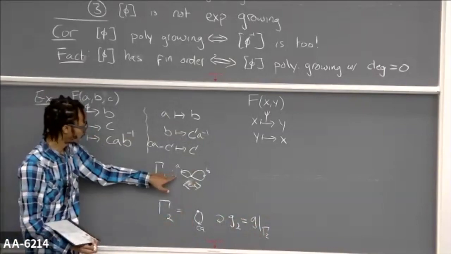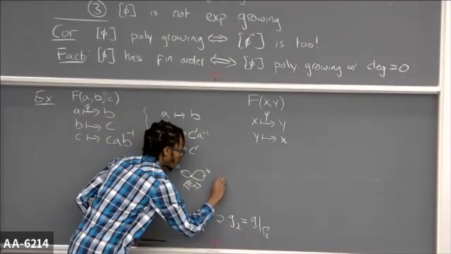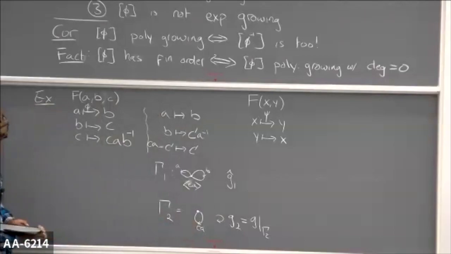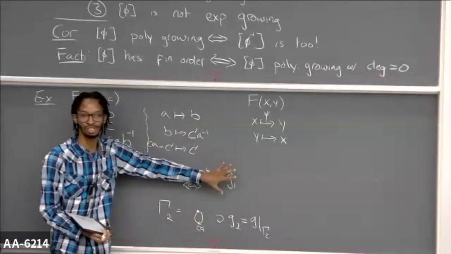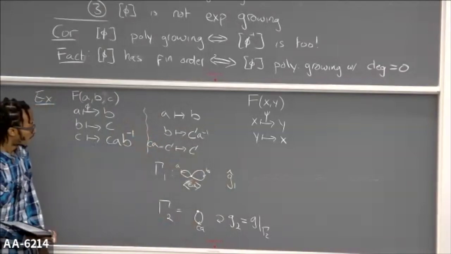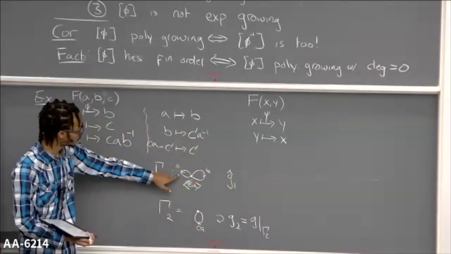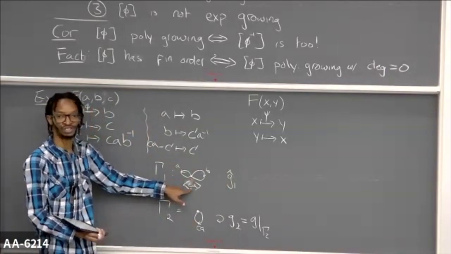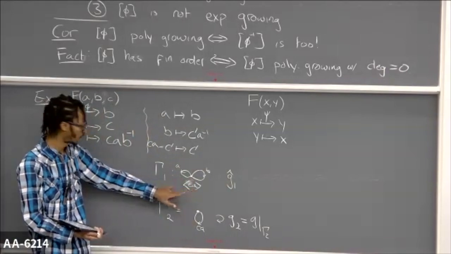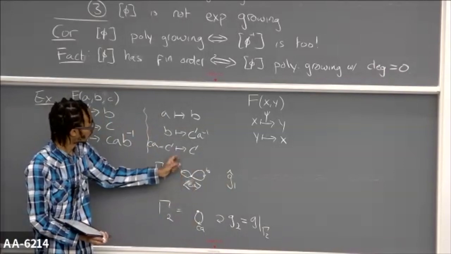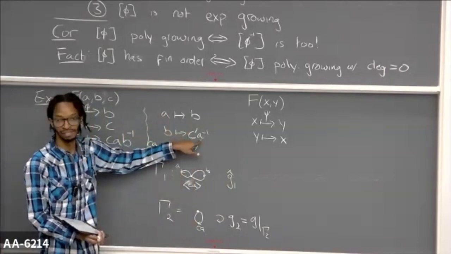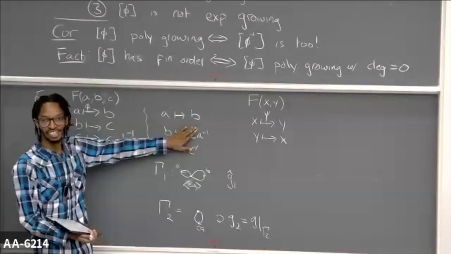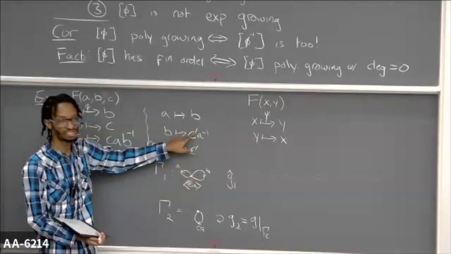And then over here, since I've collapsed something, I now have g hat 1. That's my notation for g hat. It's sort of like the induced map on the free splitting. And over here, what it's doing is acting on the vertex group by identity or some automorphism. You kind of don't care what the automorphism is. But then it's sending A to B and B to A inverse. As far as this automorphism is concerned, this thing is not there. Like, as far as the free splitting is concerned, this is not there.